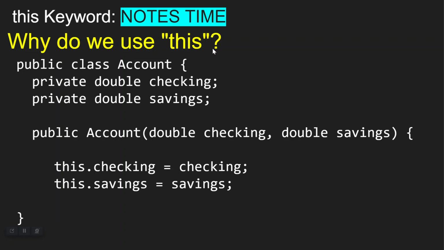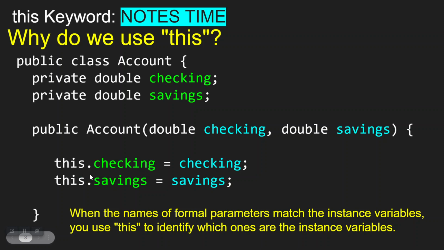So you've seen this before, obviously. Early in the school year, even in your summer homework, we were using the keyword this. Hopefully you know already that when you've got a class file and some instance variables, for instance checking and savings, and you create a constructor that uses the same names in your parameters, then this is the way that you tell Java: checking over here refers to the instance variable, whereas checking right here means our local variable checking.